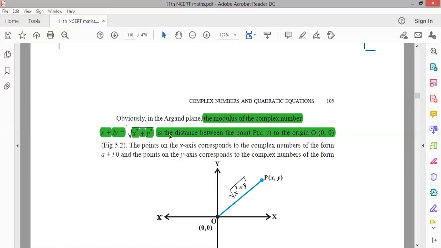Whenever we measure the distance, if it is deviated from the origin, that can be measured accordingly, but for the sake of simplicity we take the distance from the origin.